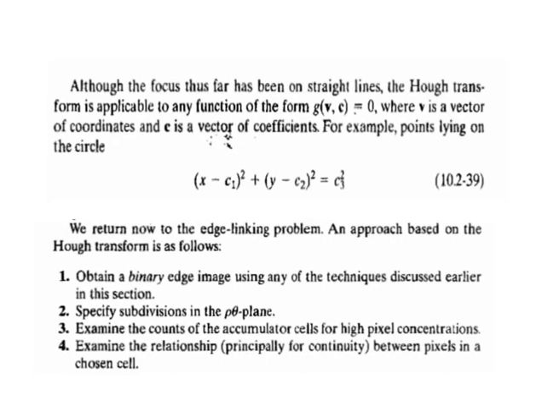Clearly, the complexity of the Hough transform depends on the number of coordinates and coefficients in the given functional representation. Further generalizations of the Hough transform to detect curves with no simple analytic representations are possible, as is the application of the transform to grayscale images.